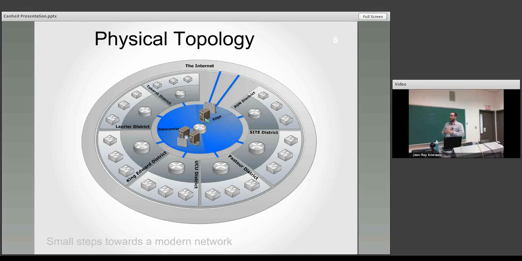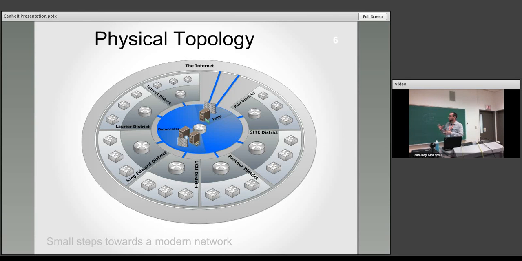This is the module where we use Nexus technology, which offers us resiliency and convergence, so it cuts down on the cost, and also provides lossless data connectivity.